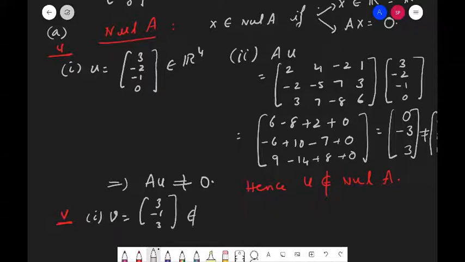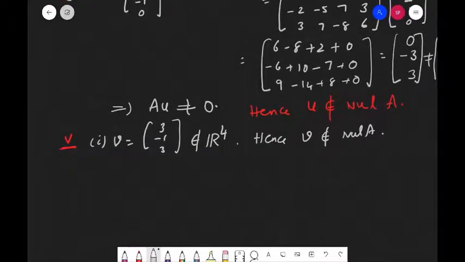It does not belong to R4 at all; it belongs to R3. So the first point itself is not satisfied, hence v also does not belong to null A. So proving for null A is completed: both vectors u and v are not in null A. Now let us look at column A.